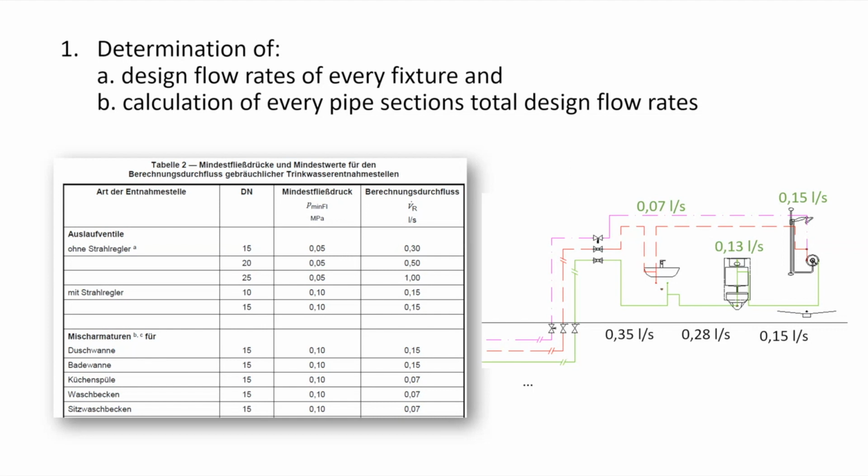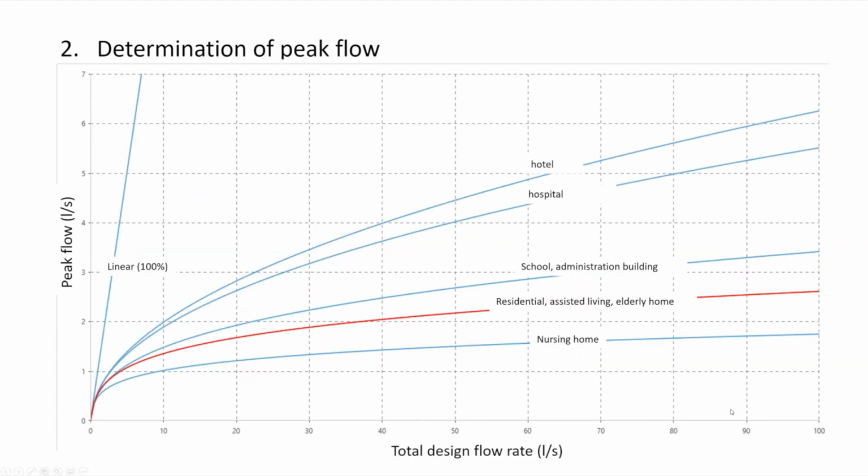When we've done that, on the third step we come to the determination of the peak flow. For every pipe section, we are adding up the different flow rates it has to supply to the fixtures. So we get a total design flow rate.